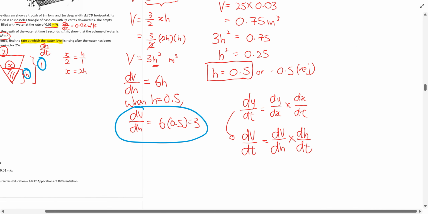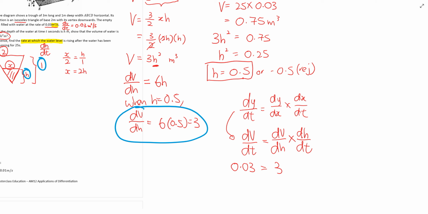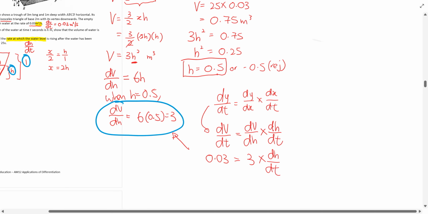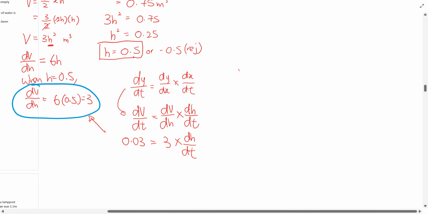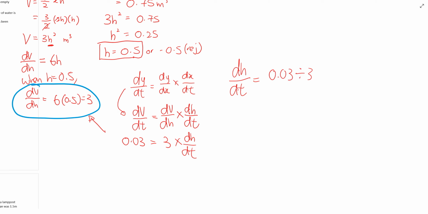Do you have dV over dt? Yes, the first part of the question already tells you this is 0.03, equal to dV over dh, which you already found to be 3, times dh over dt. So if you want to find dh over dt, all you need to do is divide over. So dh over dt is equal to 0.03 divided by 3, and hence you get 0.01.